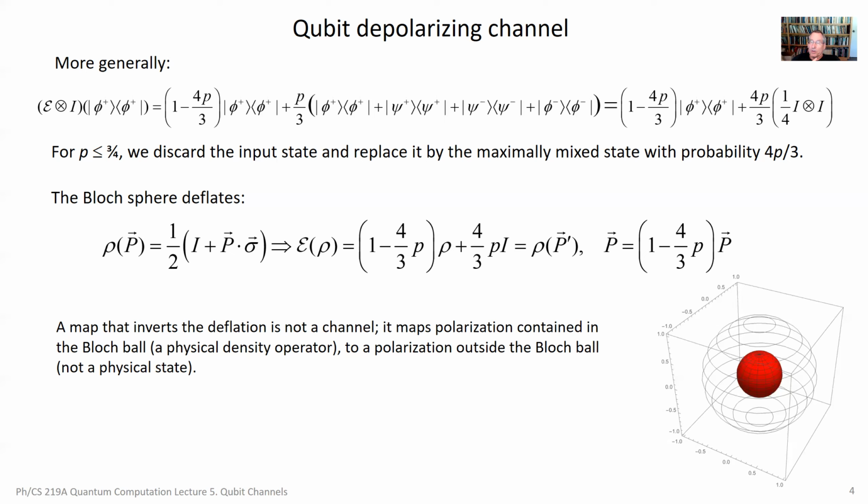But if I rescale the polarization by a factor larger than 1, that can't be a physical map because it takes physical density operators, which had the length of the polarization vector less than 1 or equal to 1, to unphysical states, which have a polarization vector larger than 1.